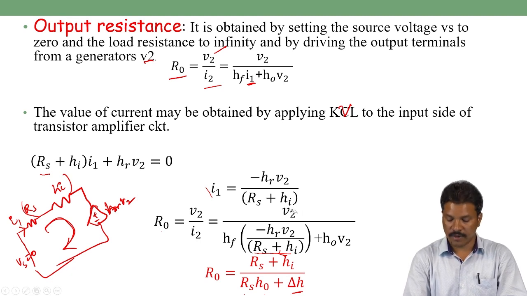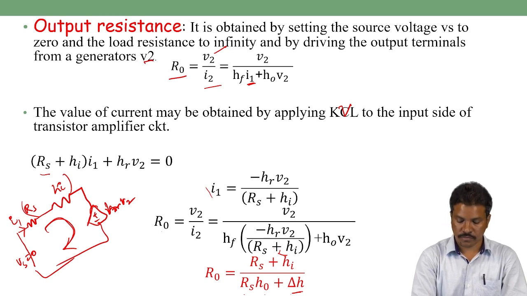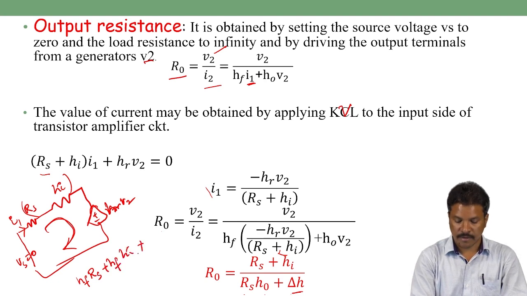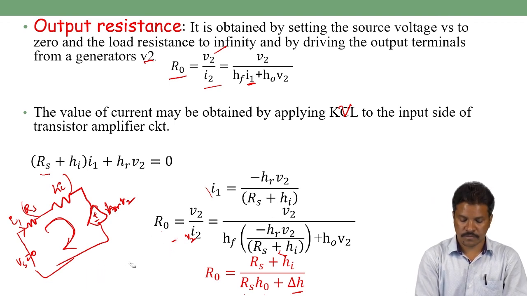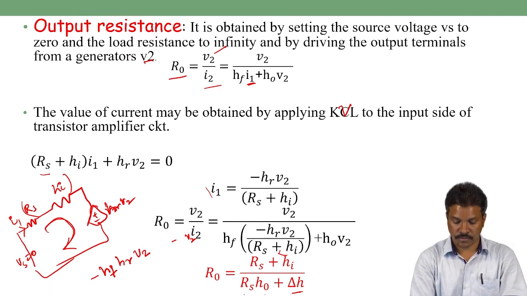This equation will give hf Rs plus hf hi, minus hf hr V2, plus ho V2 into Rs plus hi.